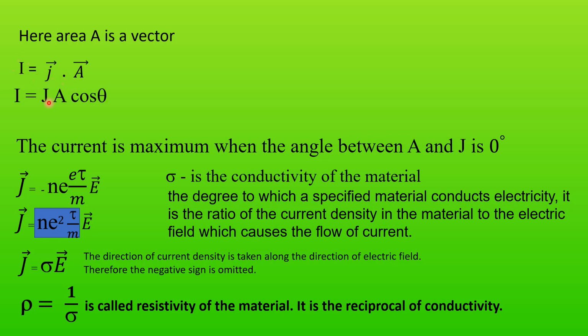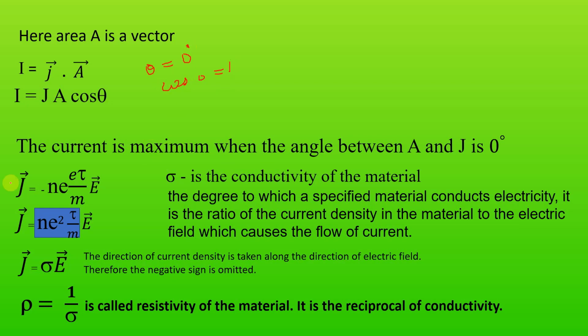The dot product is j a cos theta, and if the j vector and the a vector are parallel to each other, then theta between them is equal to 0 degrees.